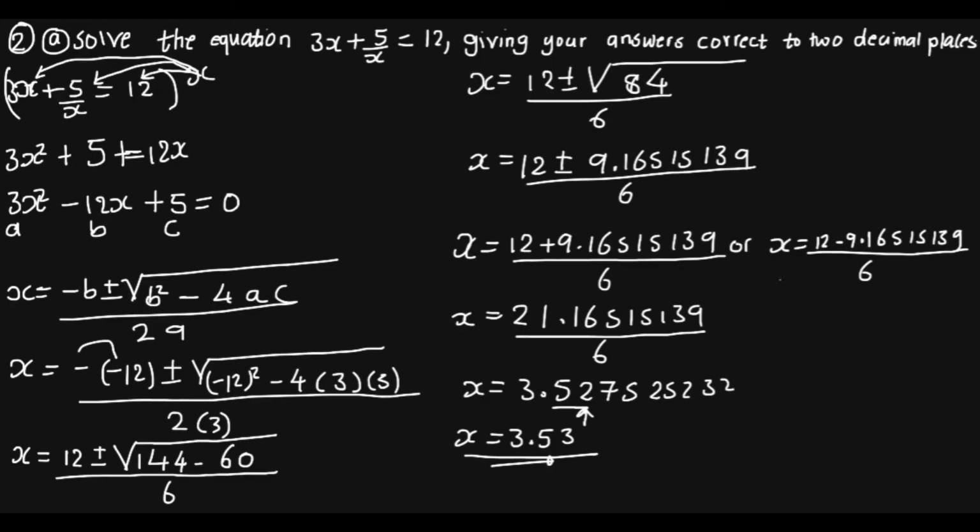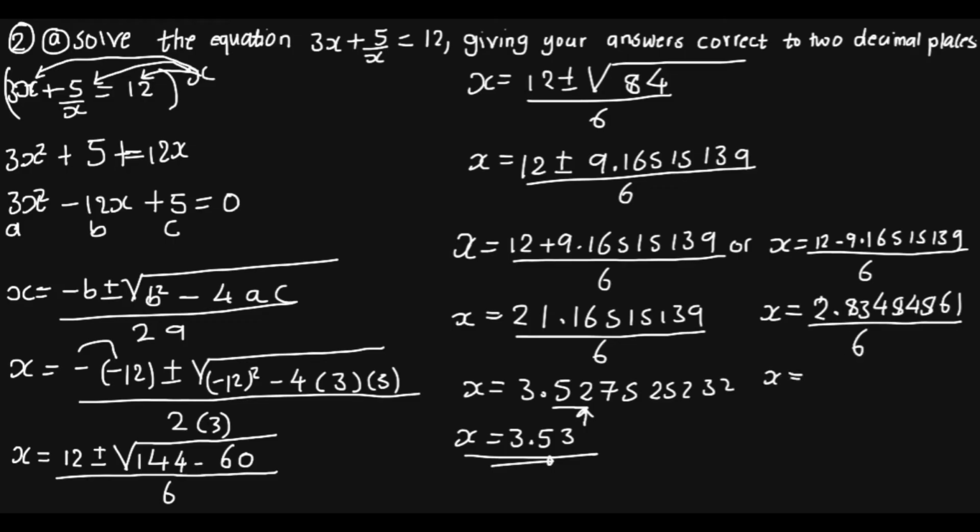Now let's finish the other side. x is equal to 12 minus 9.1651539. I'm getting 2.8348461, divided by 6.